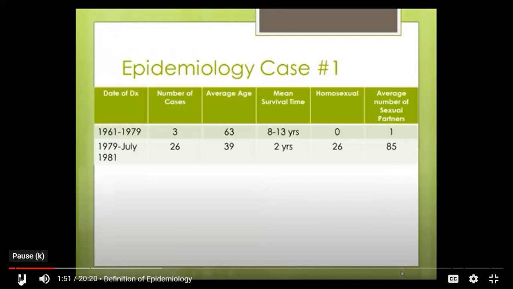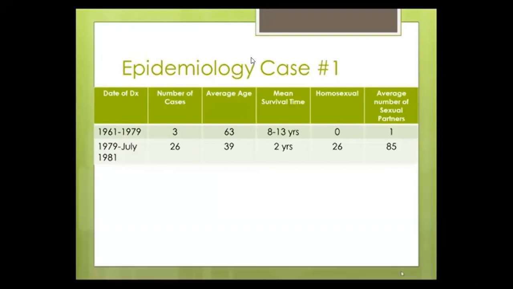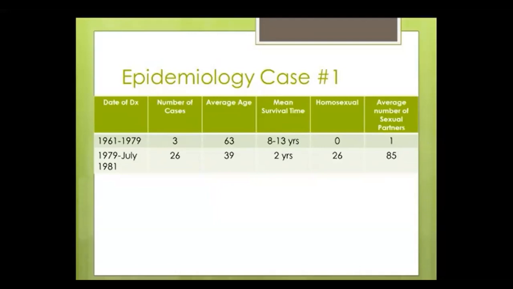Here is a table that explores the cases of Kaposi sarcoma before 1979 and the distribution of cases from 1979 to 1981. They're doing a comparison between 1961 to 1979 and then 1979 to 1981, where you can see the number of cases clearly jumps and is excessive in comparison to what it had been.